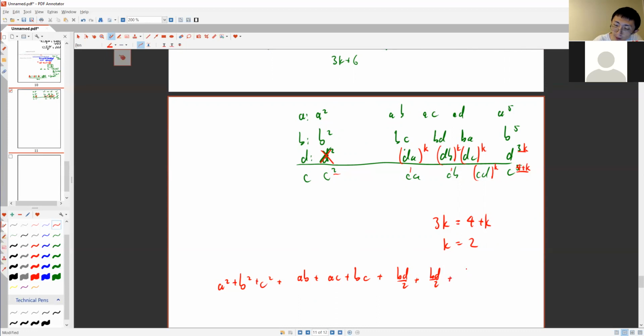And instead of having DA, we weight it twice. And then the same for CD, we weight it twice. So now, if we apply AM-GM on these 12 terms, it'll be correct.